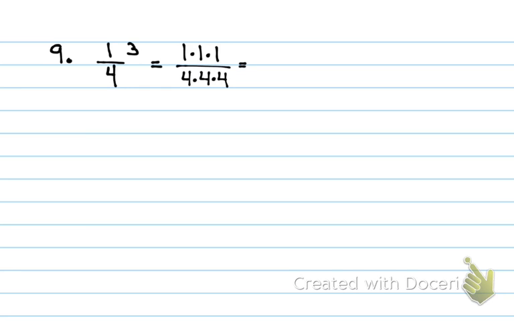So 1 times 1 times 1 is 1, not 3. That's where our minds kind of go on autopilot and we think, oh, it's 3. No, it's 1. And then 4 times itself 3 times is 64. We don't even have to multiply that out, right? We have that one memorized because we've seen it so many times. Okay, number 10.